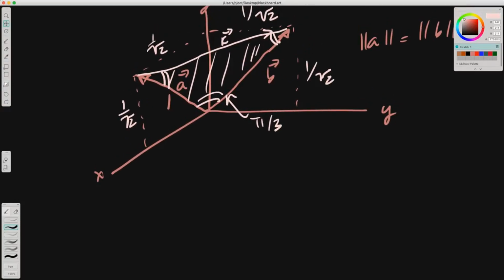So now let's write out A, B, and C. We could write A in coordinates, which is 1 over root 2 of E1 plus E3.